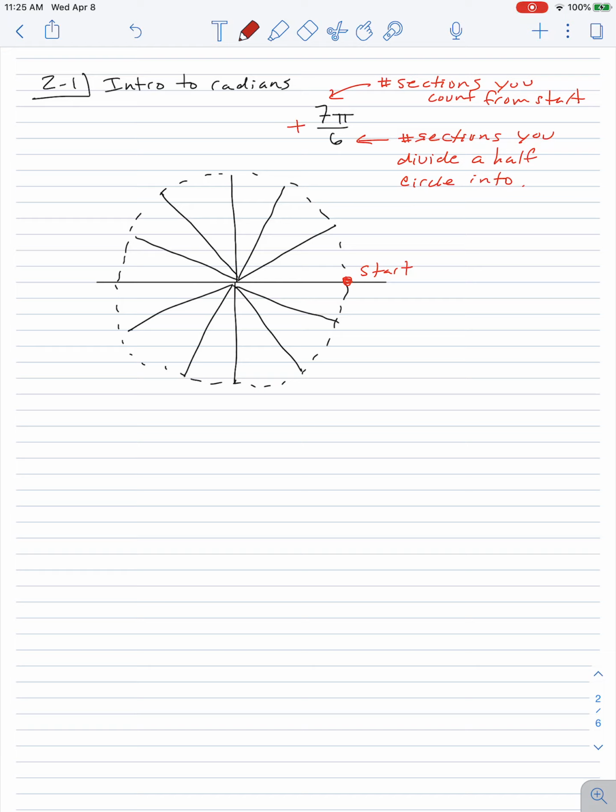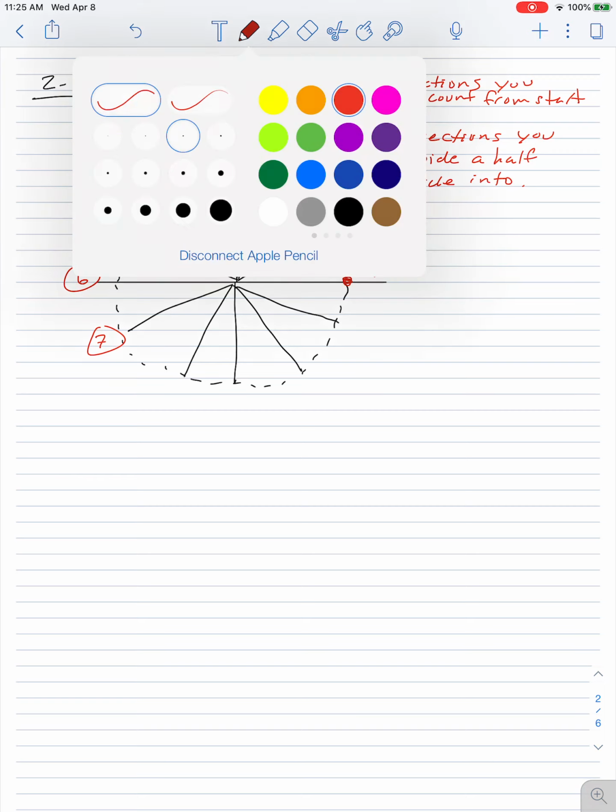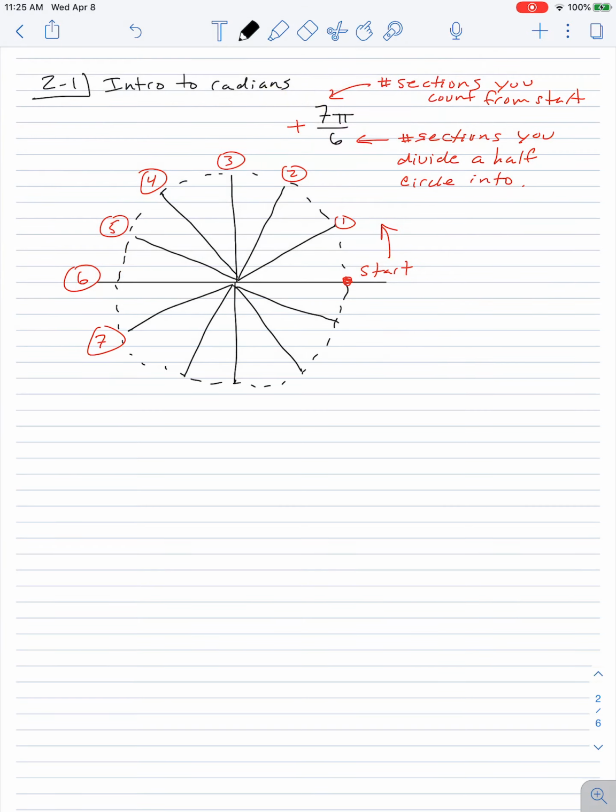It's a positive fraction, so that means we're going to count this direction, and I'm going to count 1, 2, 3, 4, 5, 6. Yes, this does count. The x-axis counts. 7. So this right here is 7 pi over 6.